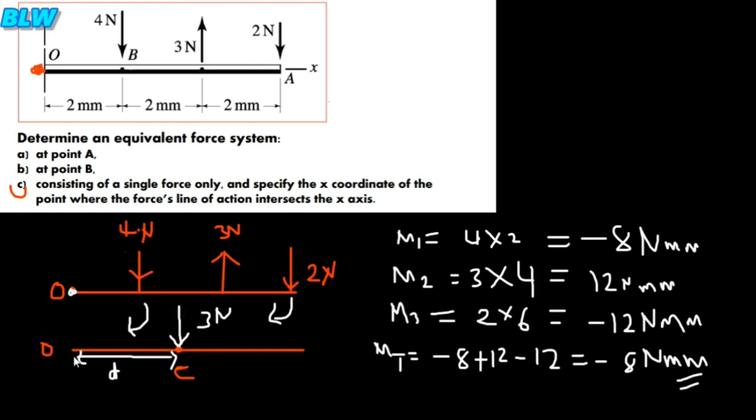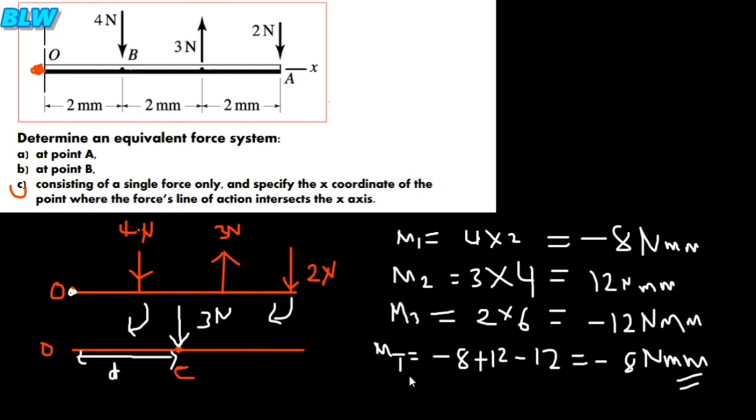Do you know why? The reason is that all this force system here has been represented with just this force here. So if you have to find the moment of all these forces here from point O, it should be the same as we find the moment of just this force from point O, since this force equals all of this.